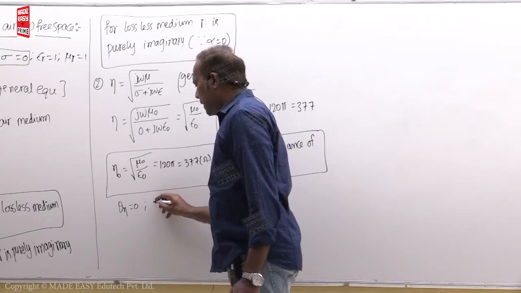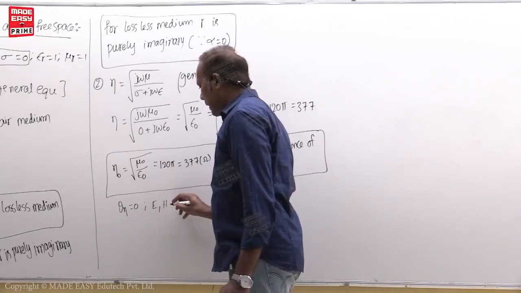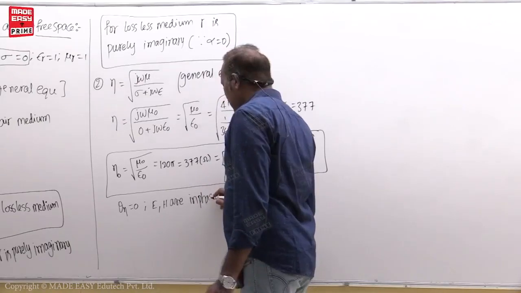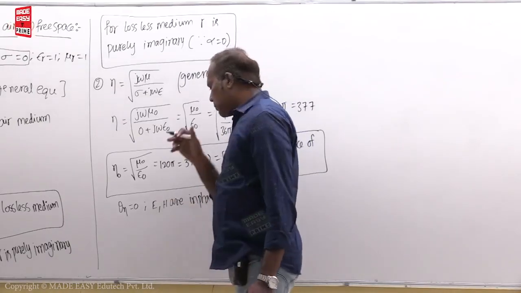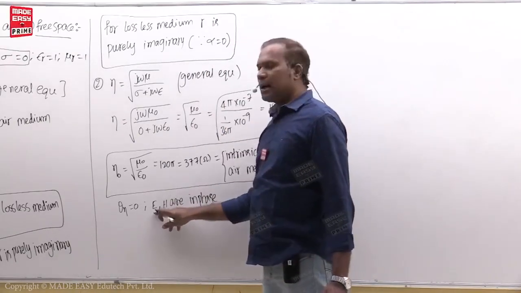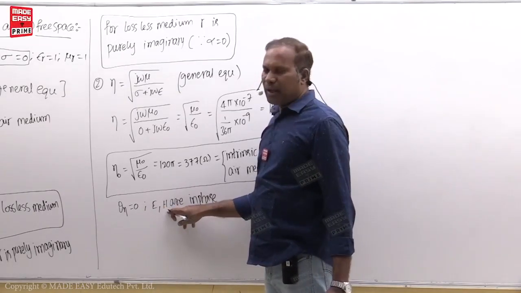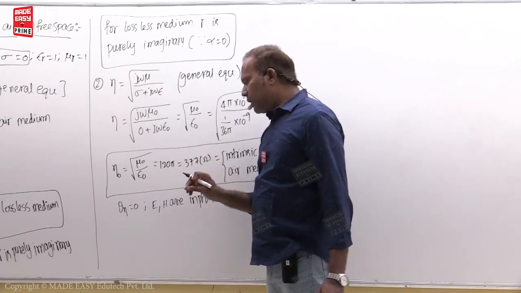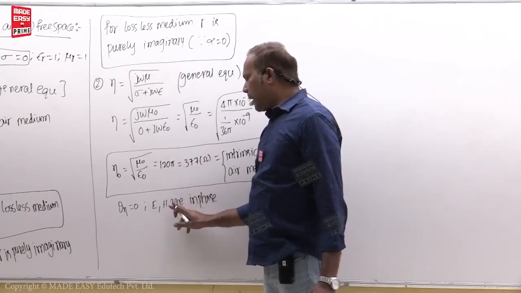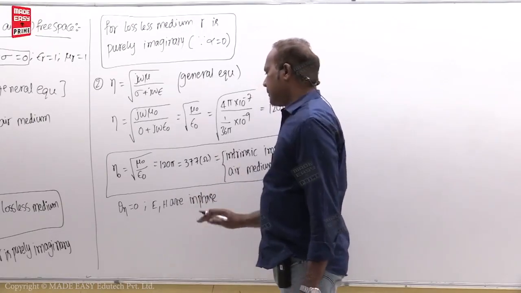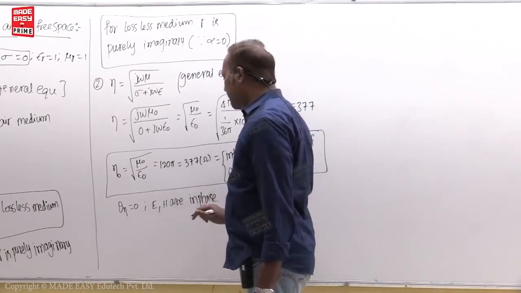That means for this medium, E and H are in phase. That means electric field, already I explained to you, electric field has a cosine term, magnetic field has a cosine term. The phase difference between the electric field cosine term and the magnetic field cosine term will be 0. They are in phase. That means they have the same phase. That is the meaning.